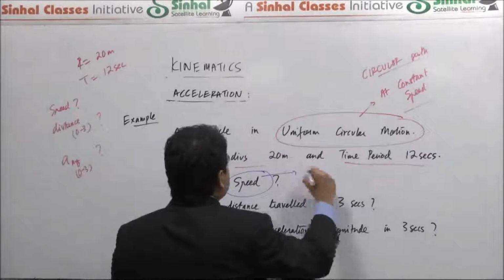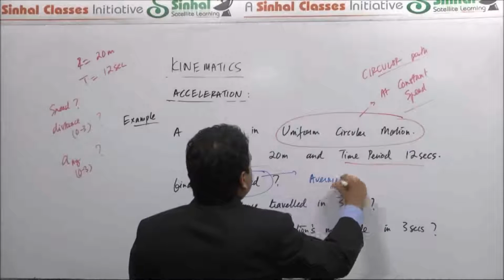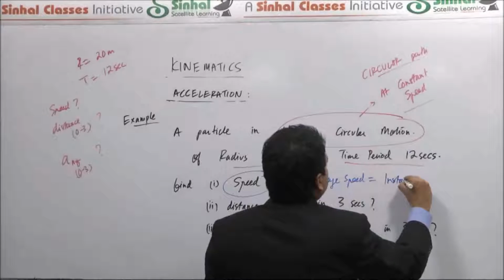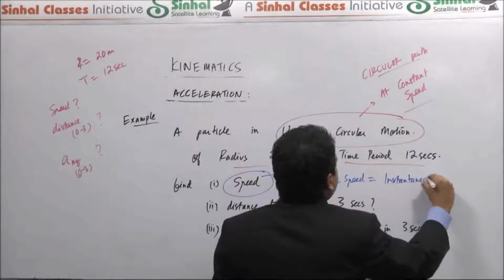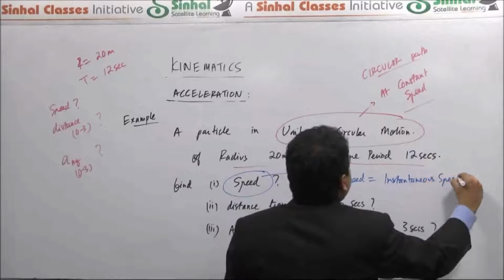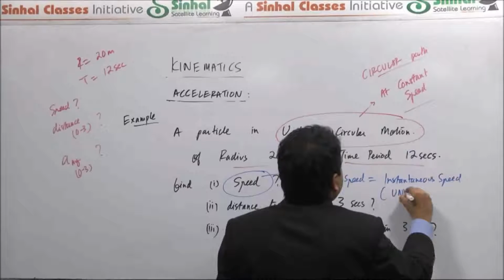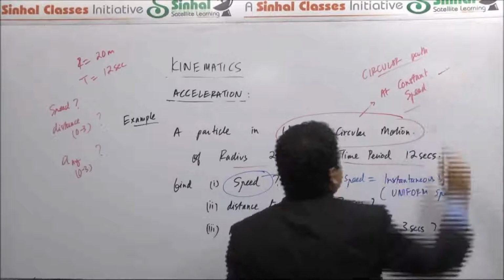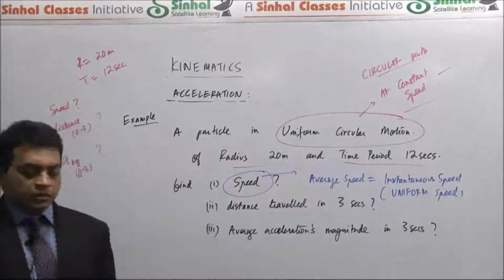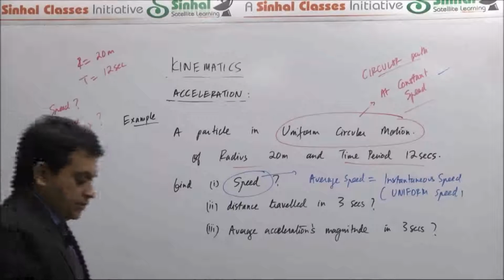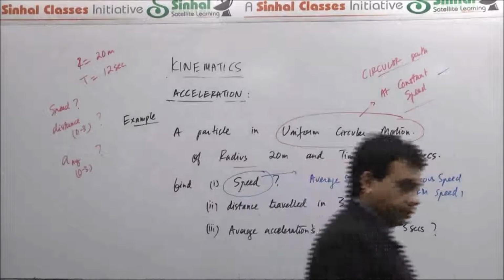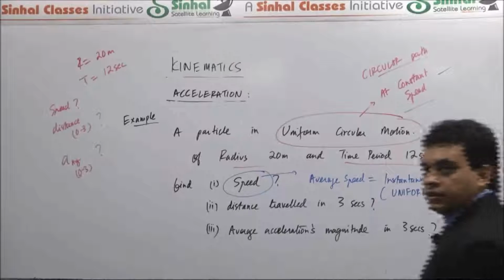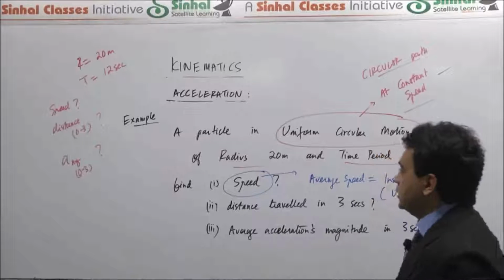It is the average speed which is equal to instantaneous speed, which is basically the uniform speed at which it's happening. Right? So these particular discussions make certain aspects of the problem very clear and easy to understand here.